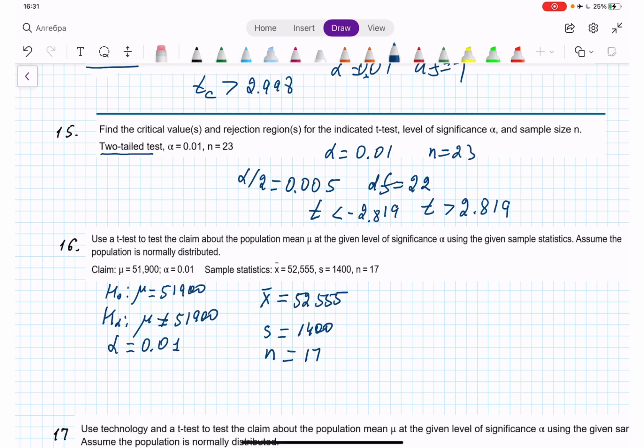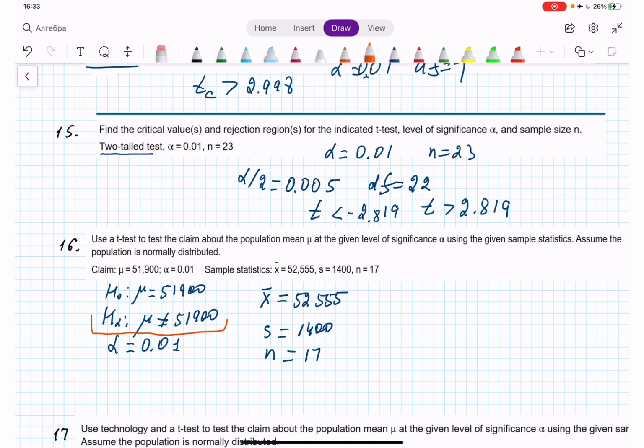Okay, we need to write down first our hypothesis test, null and alternative. We already have it. So this is our hypothesis test. We have two-tail test.